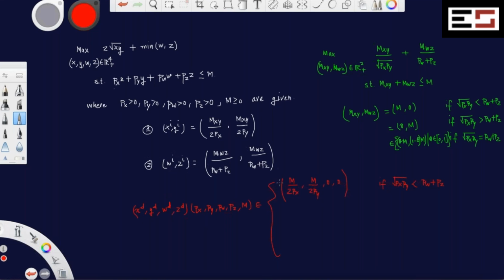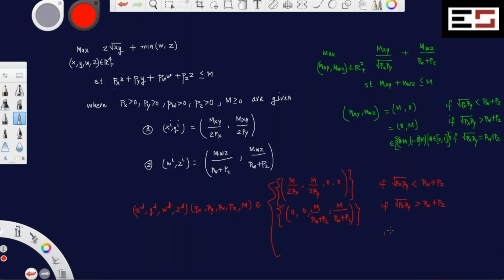Okay, and let me just write it as a set of solutions, because there is this case where there are multiple solutions. Okay, and if root pxpy is greater than pw plus pz, in that case the solution will be 0, 0, m by 2(pw plus pz), comma m by 2(pw plus pz).